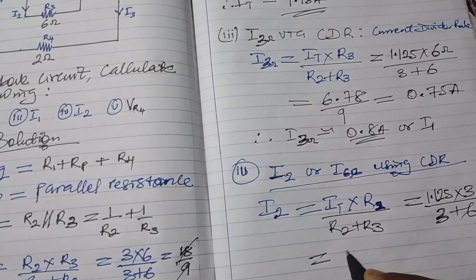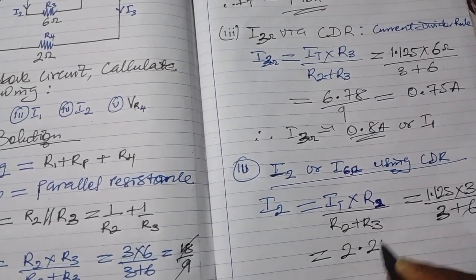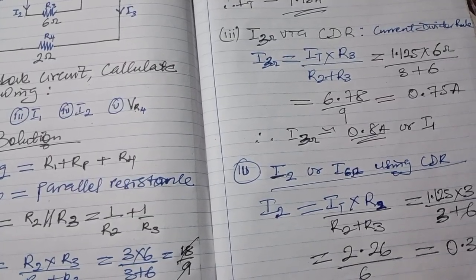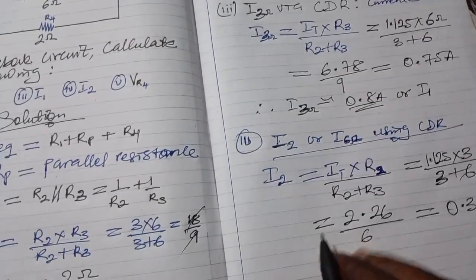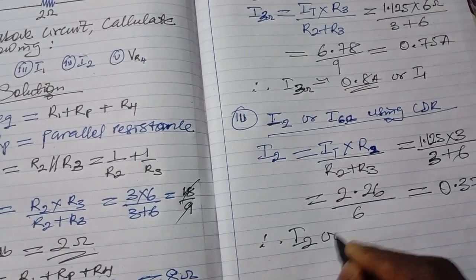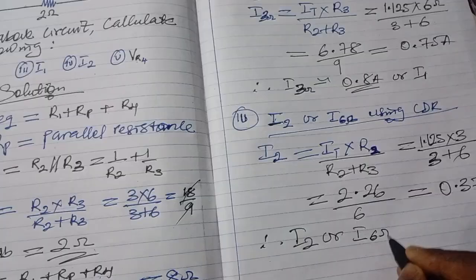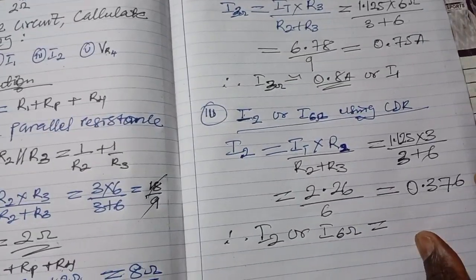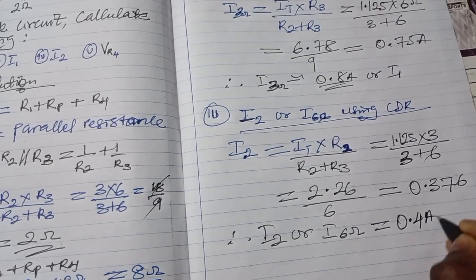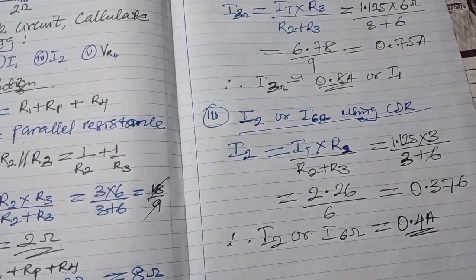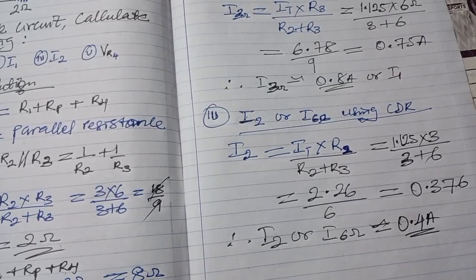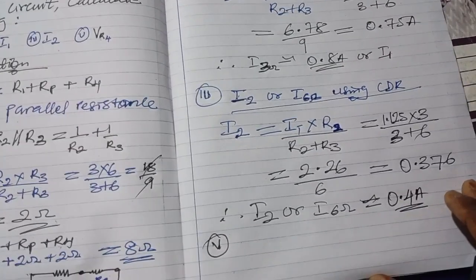This is approximately 2.26, then divided by 6, we have 0.376. Therefore I2 or I6 ohm is approximately 0.4 amperes.